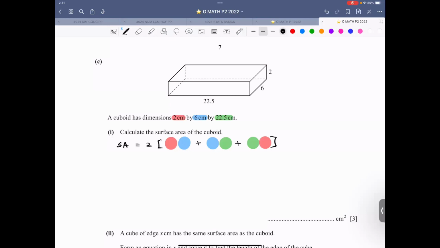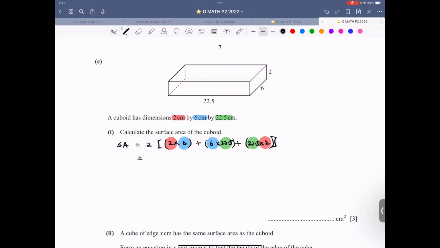So basically what's happening is that 2 into 6 brackets, and then in the brackets, that is 6 into 22.5. And then in the brackets, we have 22.5 into 2. So basically, this is what's happening.